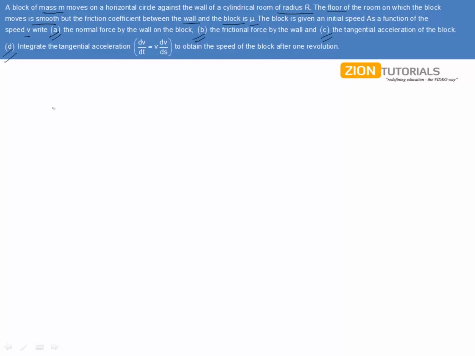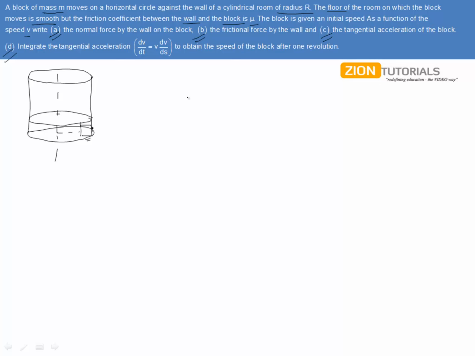So first, let us look at this problem in which we have a cylindrical room and the block is over here. There is friction between the block and the wall, while there is no friction between the block and the floor. Now this block will be having a circular motion along the wall of this circular room.